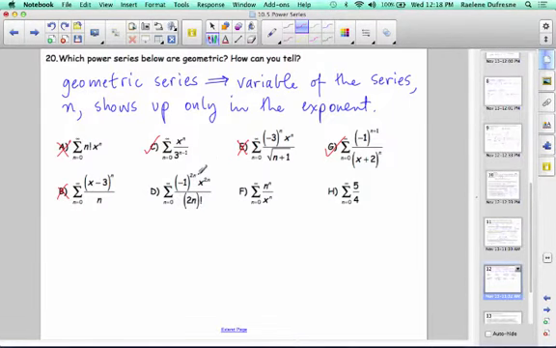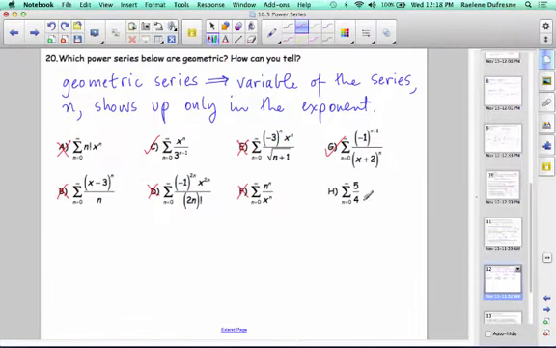In part D, we have n in the exponent for the numerator, but in the denominator it is in the base for a factorial, so we do not have a geometric series. In part F, we have n in the exponent, but we also have n in the base as some kind of hybrid term, and so F is not geometric.